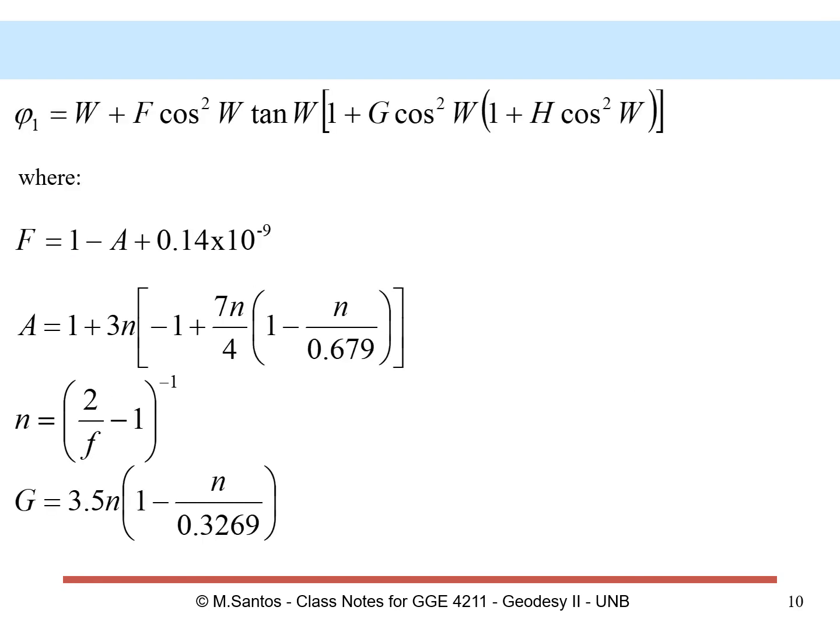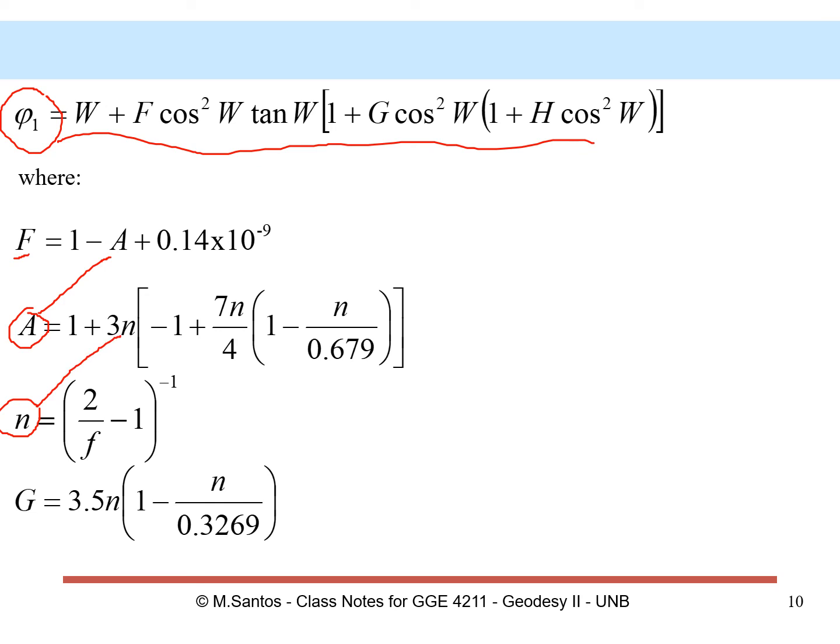Now, what about the foot point latitude? It can be computed by this expression here, which is a length expression. To express that, we just use these terms W, F, G, H, which are given here. This is F, which we need to compute this term A here. All the terms here are again known, and some others are introduced just for simplification.